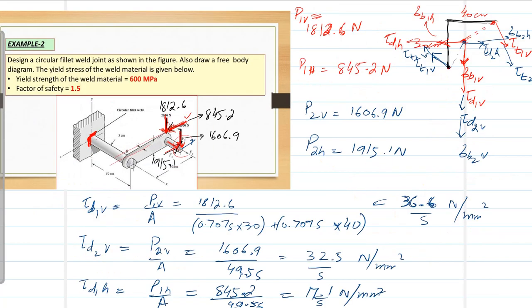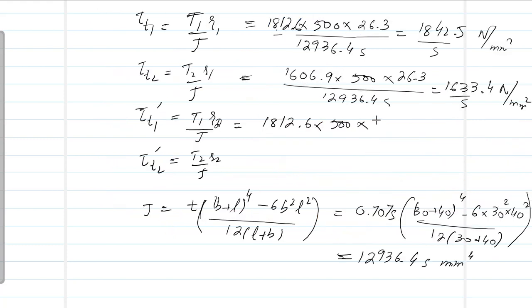So 1812.6 into 500 into 27.7 divided by 12936.4. That is 1940.6 divided by S, Newton per millimeter square.